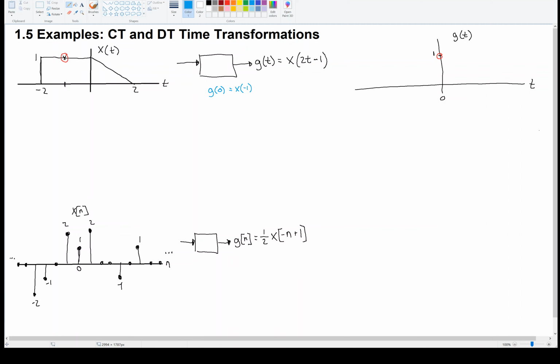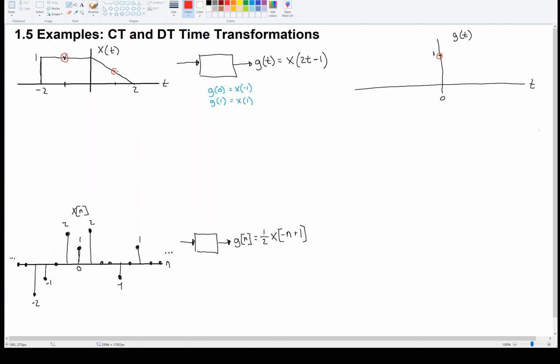Let's plug in another value of t, maybe g of 1. So t equals 1. g of 1 is equal to x of 2 times 1 minus 1, so that would be x of 1. What is x of 1? Well, I look over here. That's about right here, 1/2.